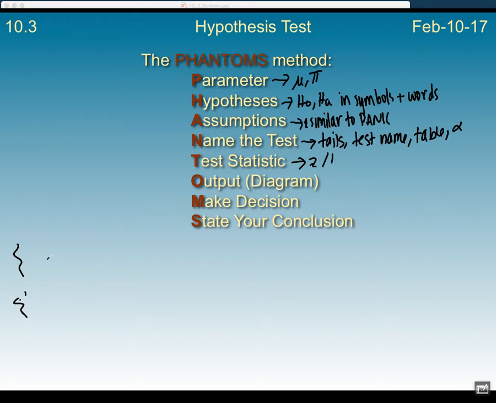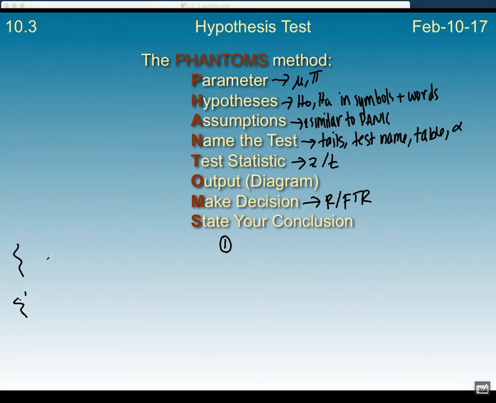Under test statistic, this is a formula to calculate Z or T. So basically a Z-score or a T-score. Output is a diagram, that's a normal curve. Making a decision, this is either rejecting or failing to reject.